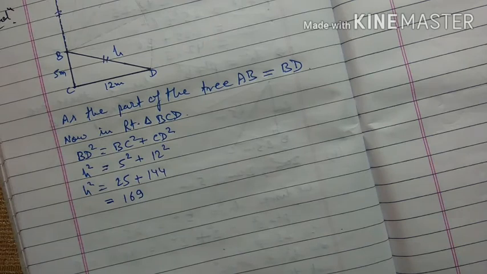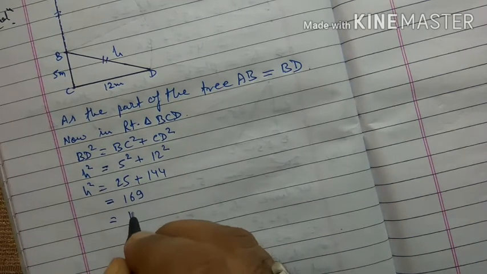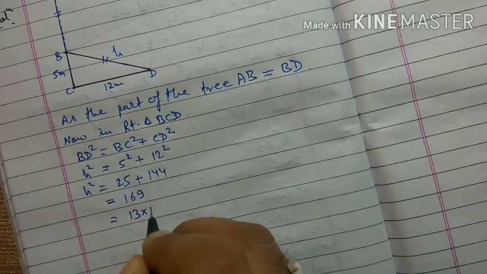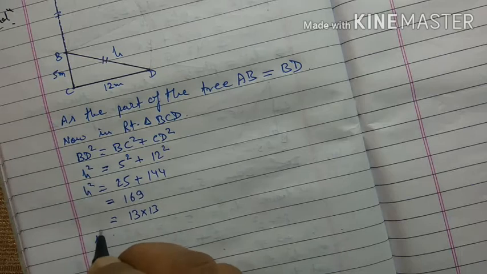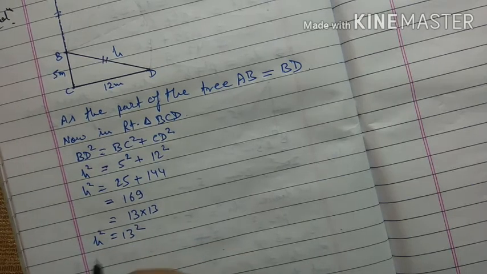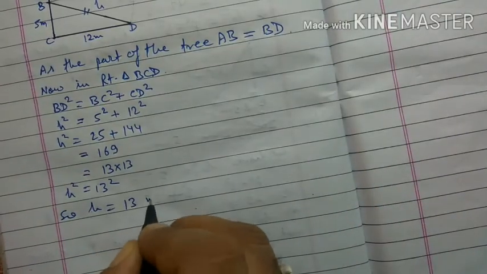Okay, this value is 169 and 169 is the square of 13. This is 13 into 13, and H square is equal to 13 square, so H is equal to 13 meter.